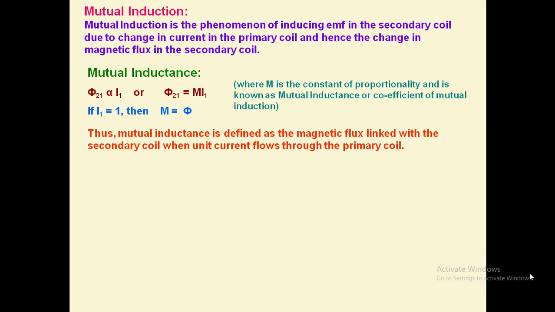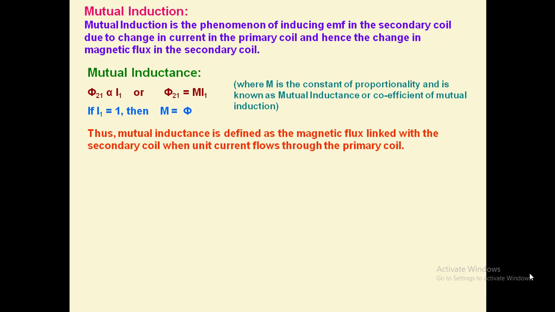That means I1 is the current passed in the primary coil, and the flux linked in the secondary coil is phi 21. So flux in the secondary coil with respect to the primary coil is equal to M into I1, where M is called the proportionality constant, named mutual inductance or coefficient of mutual induction.